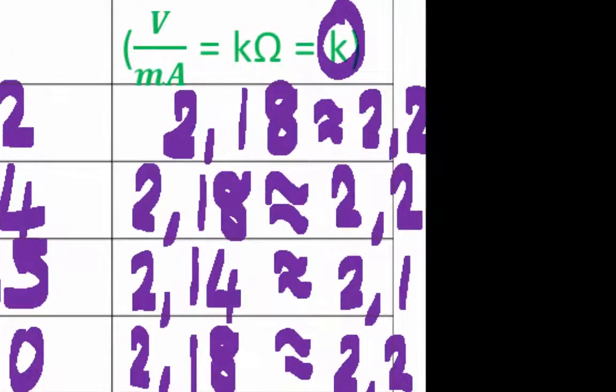So can you see that this is in kilo ohms, and basically it's always giving 2.2, 2K2.